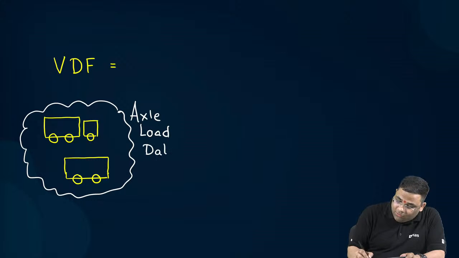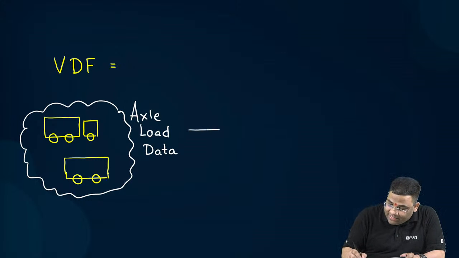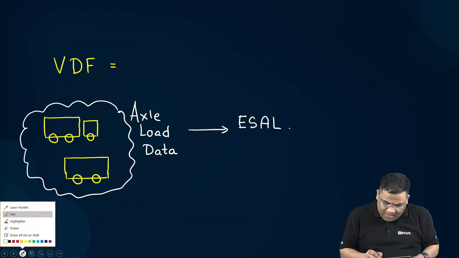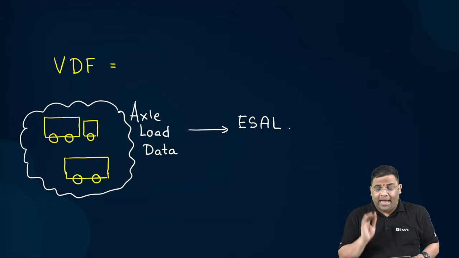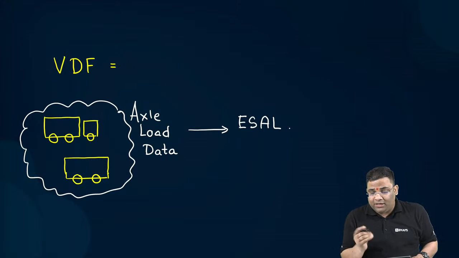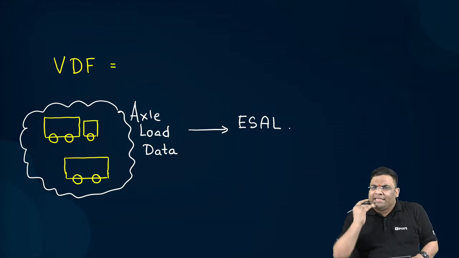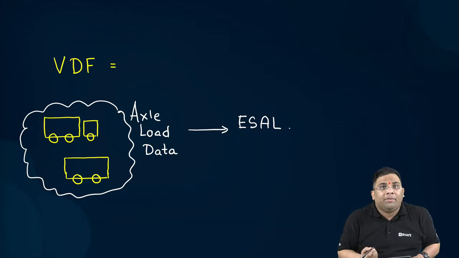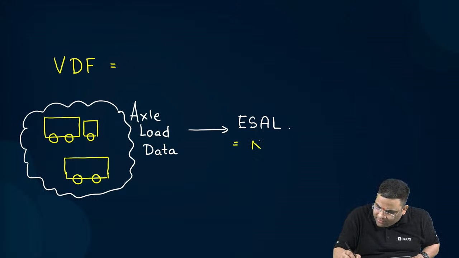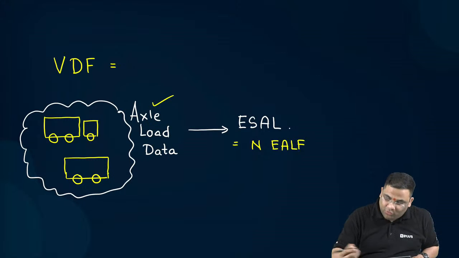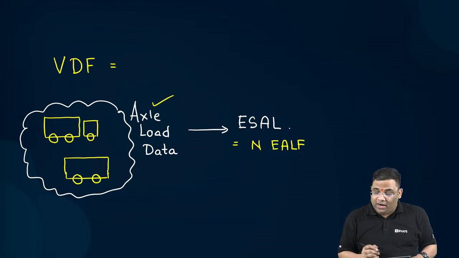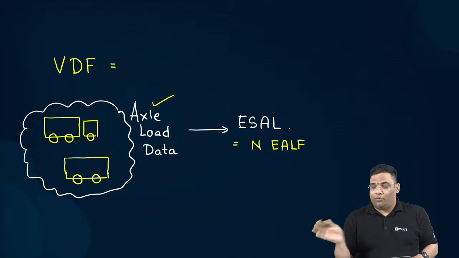If I give you the axle load data, you can convert it into equivalent standard axle load. I just taught you the formula: frequency into EALF. So any axle load data you can convert into equivalent standard axle load.